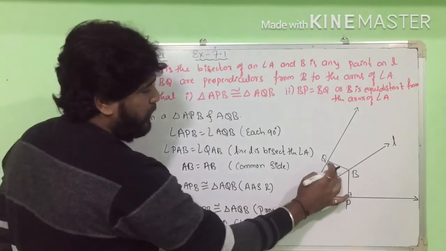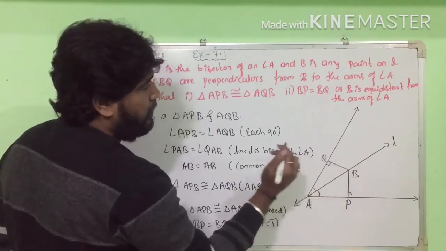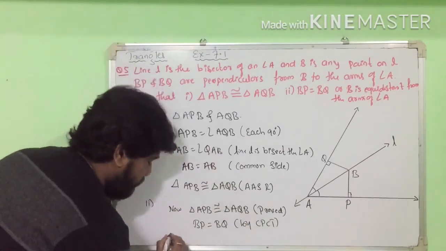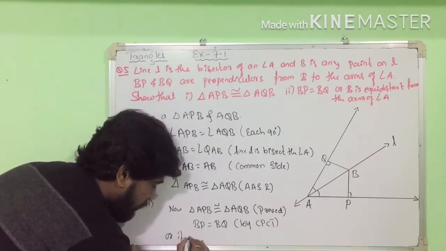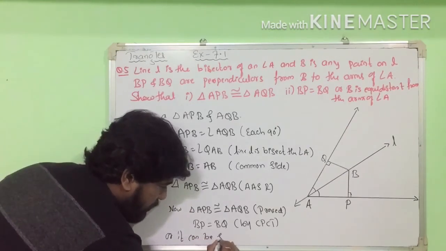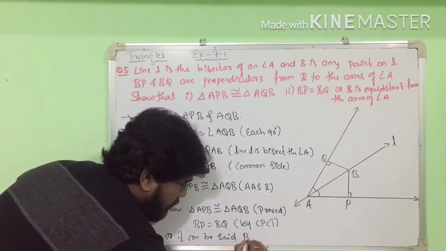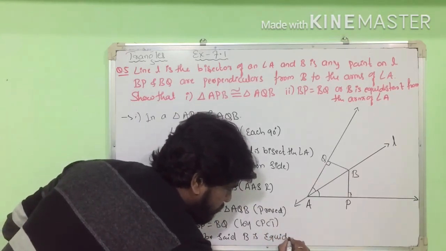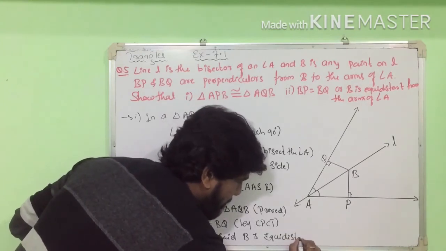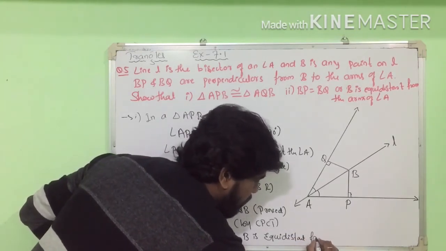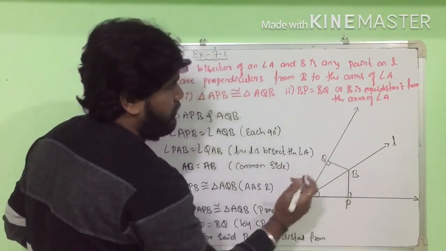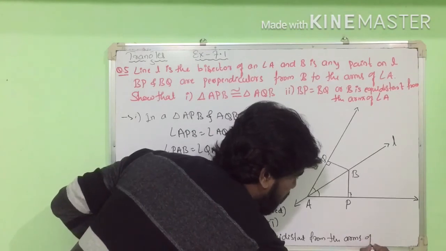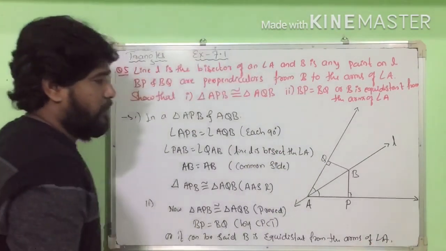Or it can be said that B is equidistant from the arms of angle A. So hence proved.